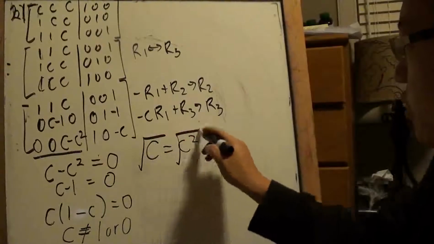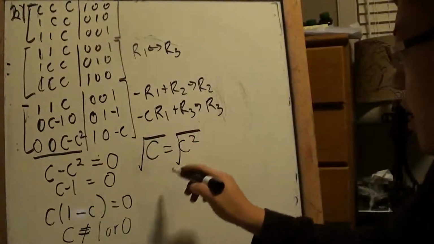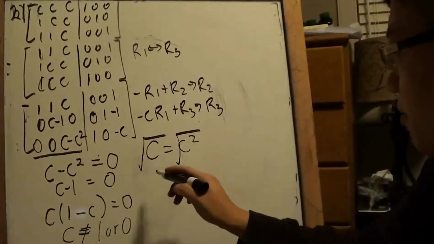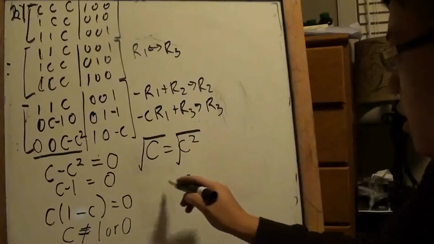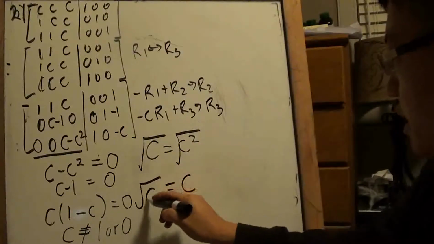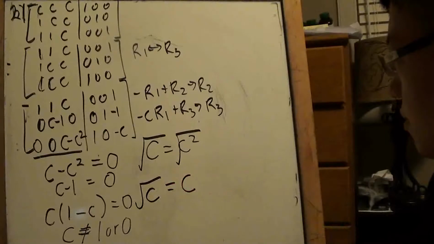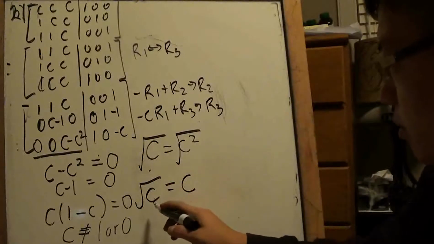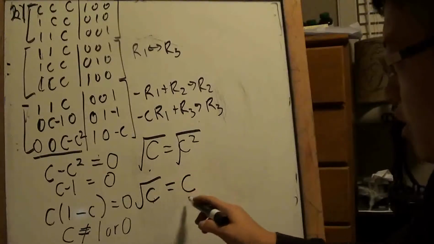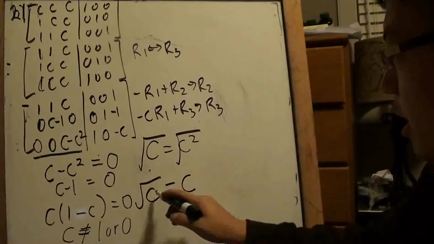Then all I'm going to do is square root those two. So if I do that, it's going to be c equals square root of c. Right? So if that's the case, what are the only numbers you can think of where these two will be equal?